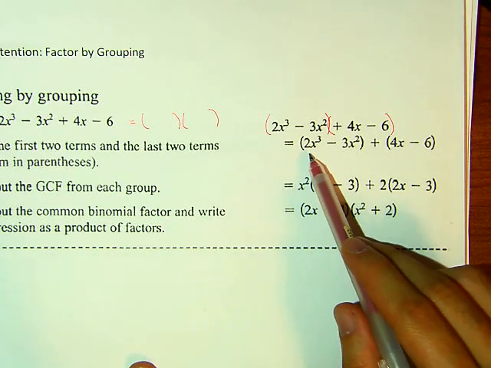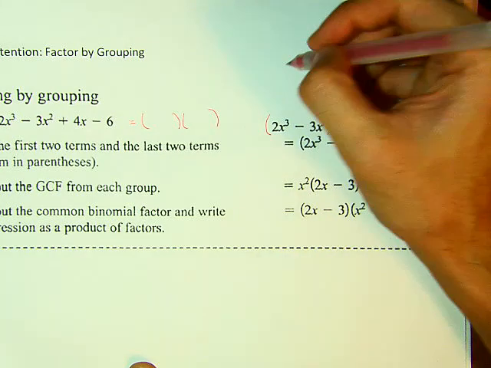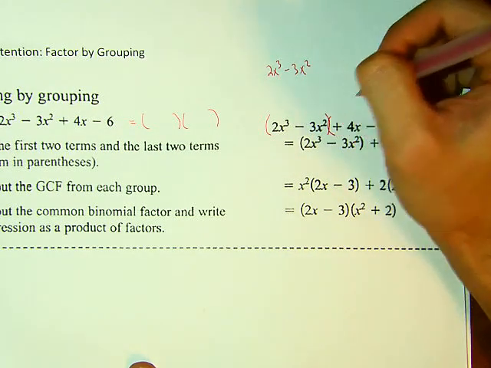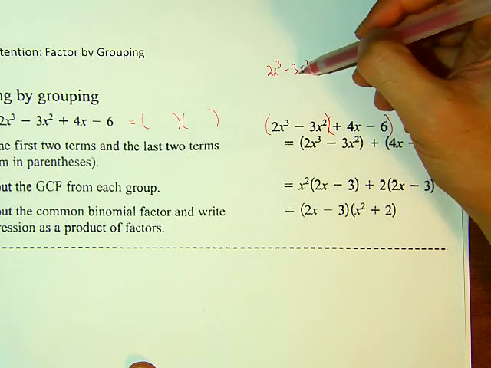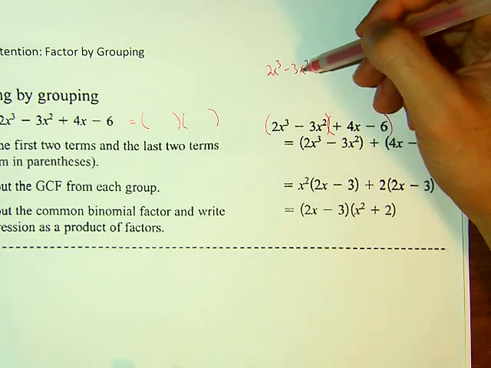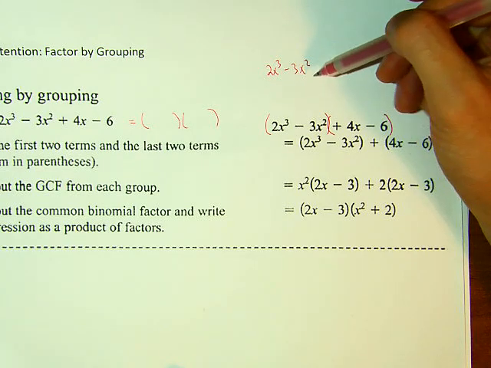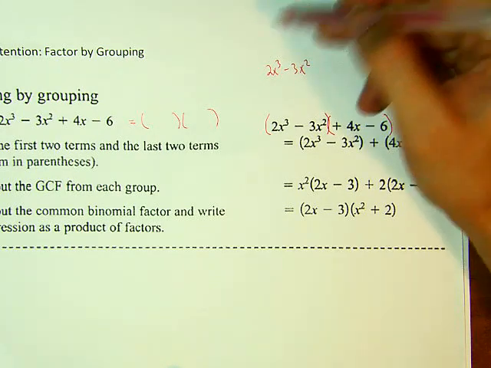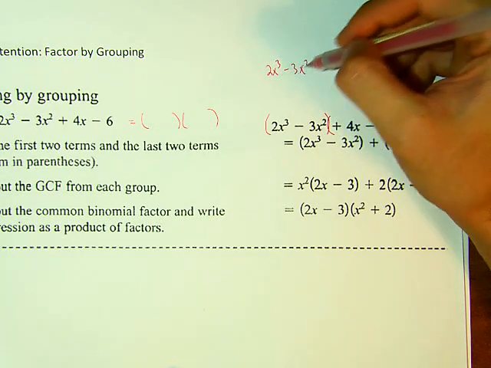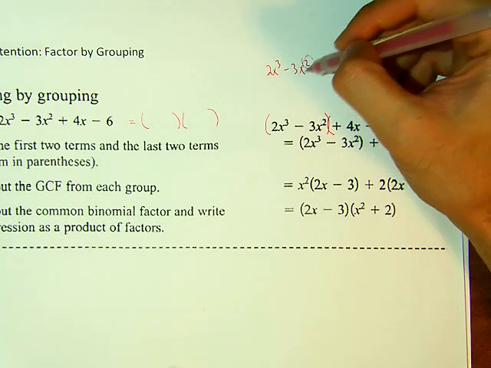So what is the GCF of 2x cubed minus 3x squared? Well, let's see. What's the GCF of 2 and 3? It's just 1, right? So you can't really factor anything out. But what about x cubed and x squared? If you go back to finding the GCF, remember, if you have two variables, you always take the smallest exponent. So it's x squared.